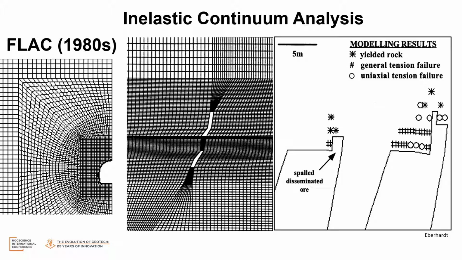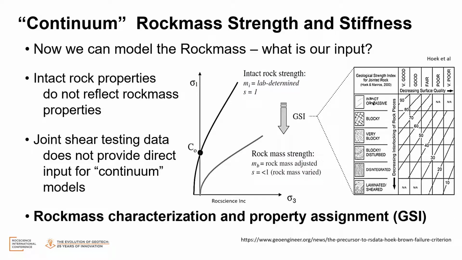Here you can see some early FLAC analysis, some early FLAC results in the elastic continuum. This also became user-friendly in the 90s, and it posed a problem that now we had to figure out what our continuum rock mass strength and stiffness was.